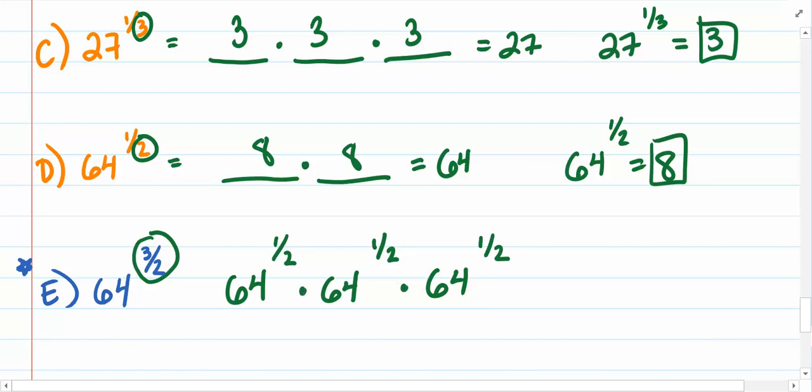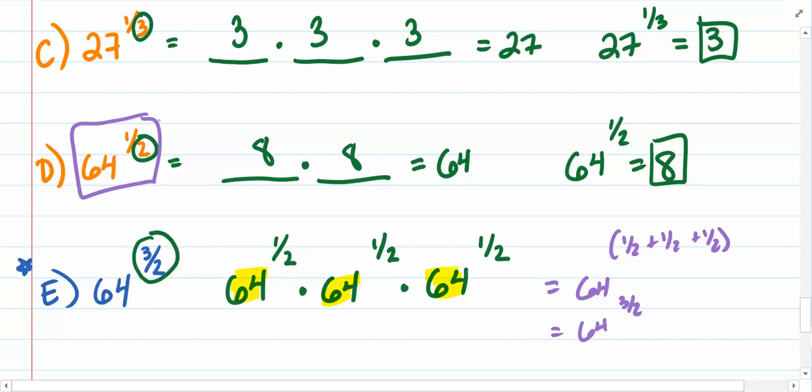How can that be? The reason this is true is because all of these bases are the same. And if the bases are the same, then we could write it down as 64 to the 1/2 plus 1/2 plus 1/2. That's just 64 to the 3/2. So these two things are equal to each other. Very cool. We just found out in problem D that 64 to the 1/2 power is the number 8.